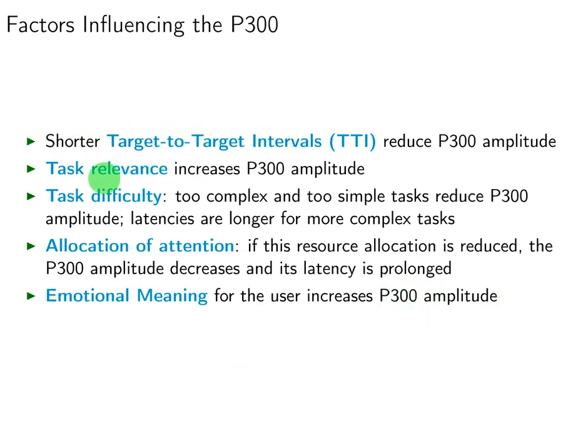So all of these factors need to be taken into account when we want to build a BCI using P300 waveforms. And our goal is to obtain P300 with increased amplitude, because amplitude is one of the representative features of P300 waveforms.